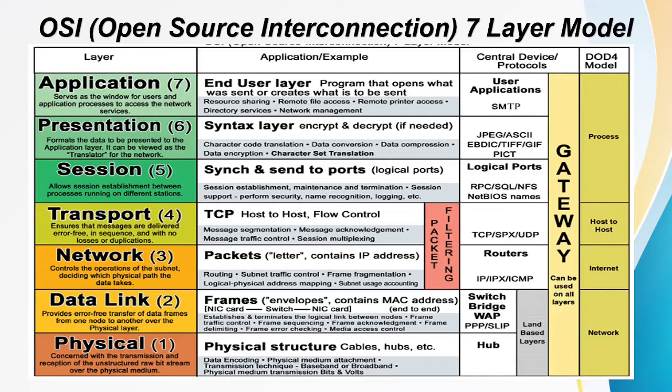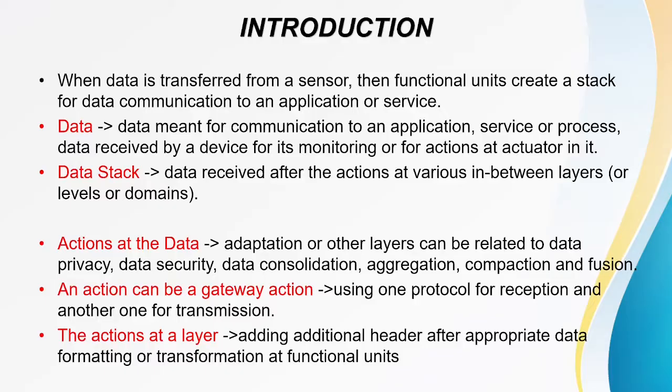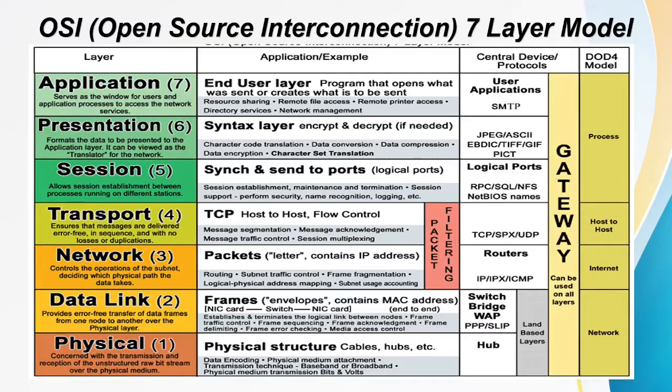Now in the previous topic, that is action at a layer, we have spoken about the header, right? So in every layer the header part will be incremented one by one. For example, data is sent from here to here, right?